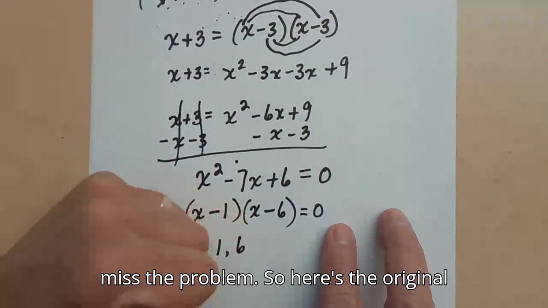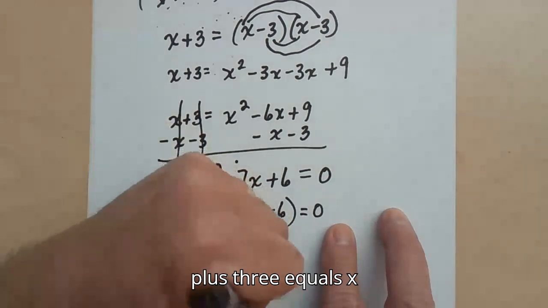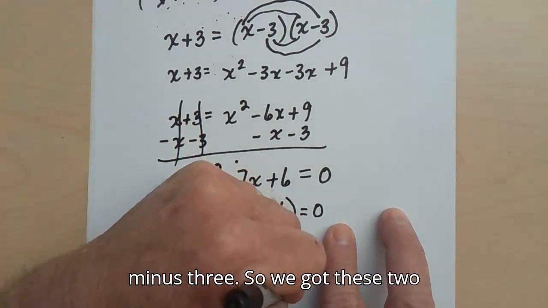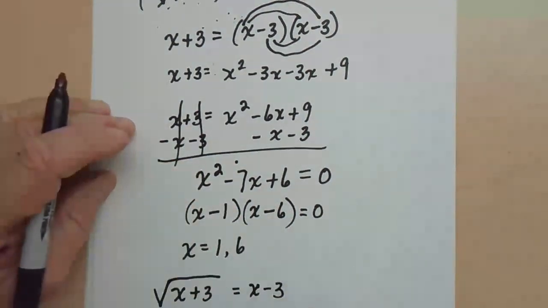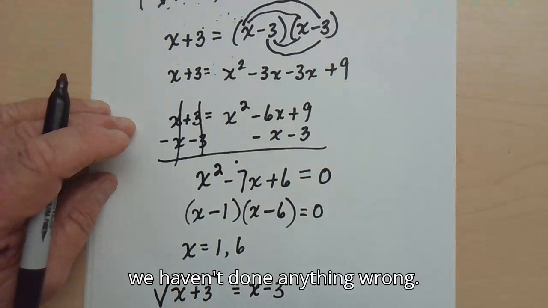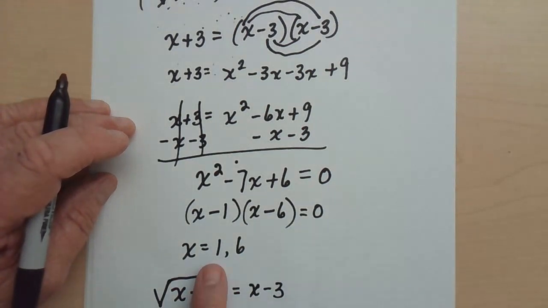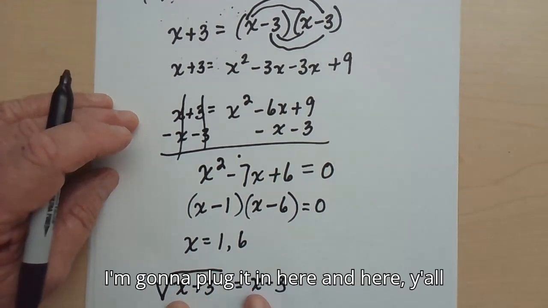So here's the original equation. The square root of x plus 3 equals x minus 3. So we got these two solutions, 1 and 6. Let's check our work and make sure we haven't done anything wrong. If I plug 1 in here in place of x, I'm going to plug it in here and here.